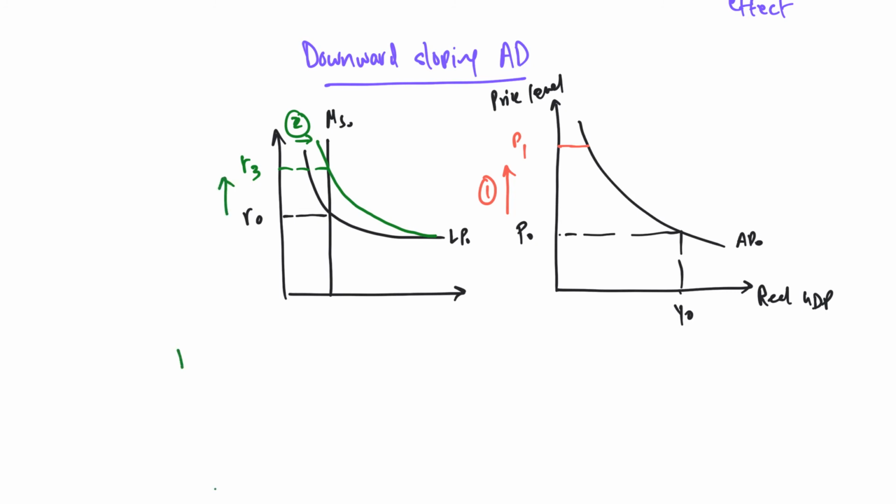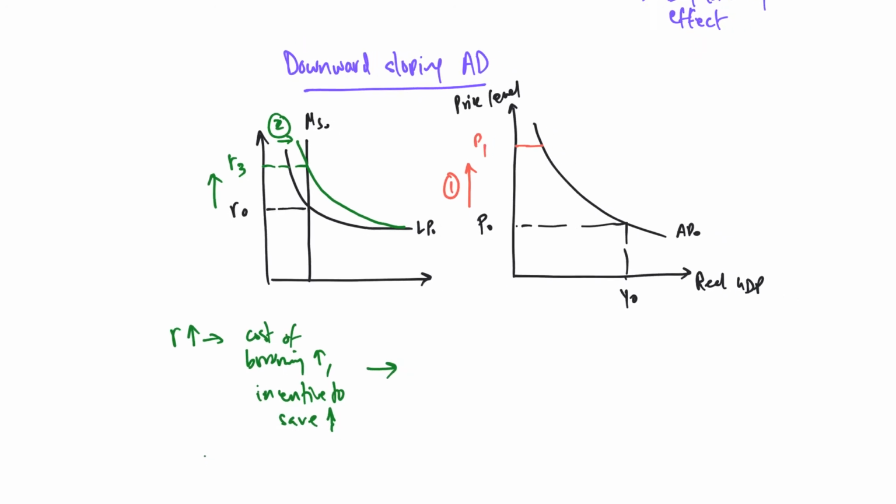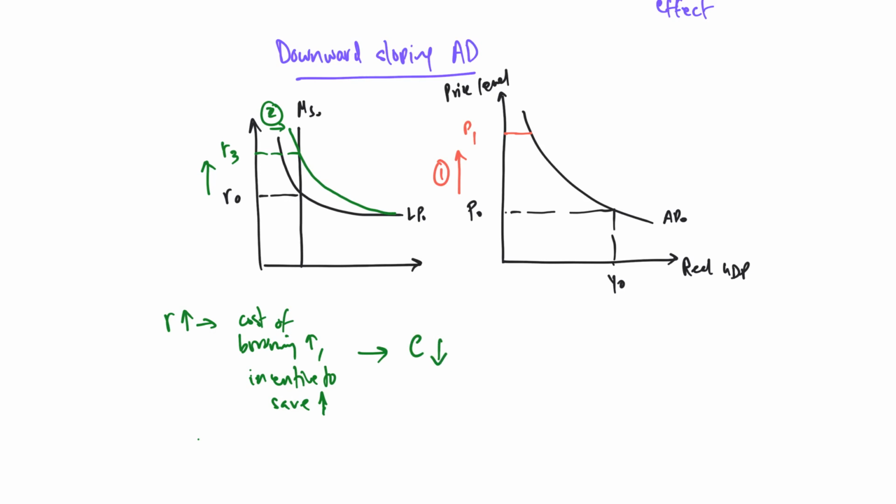And when the interest rates go up, we know that the cost of borrowing is going up. Incentive to save is also going up, which means that your consumption would fall. So consumption goes down, investment goes down, and therefore your GDP goes down. So number 4 would be this.